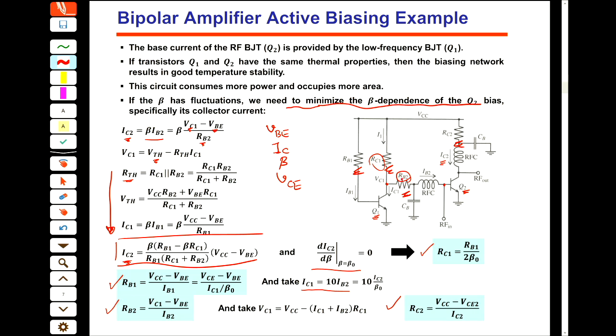And the potential of VTH, open circuit between these, minus RTH times IC1. So this is the IC1 multiplied by this R Thevenin. So Thevenin voltage. Good question. Maybe the problem is that.